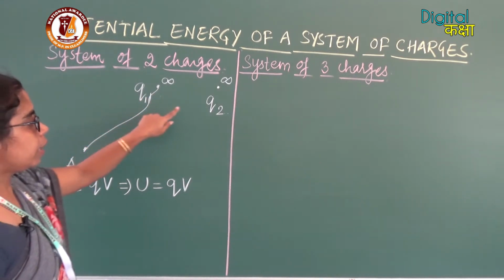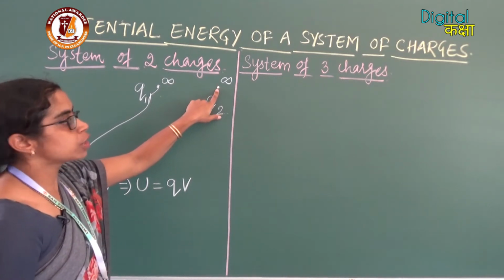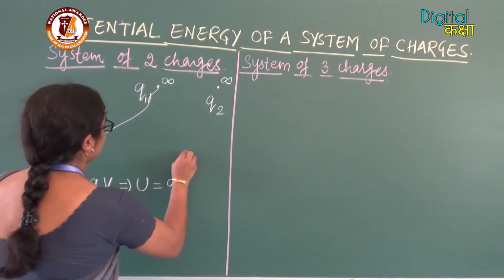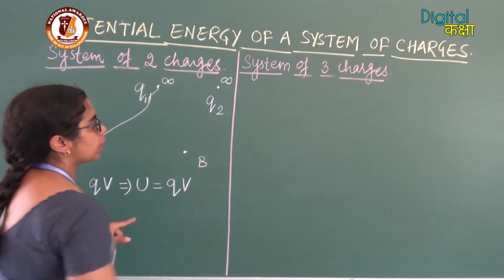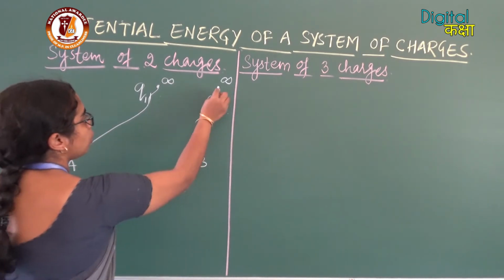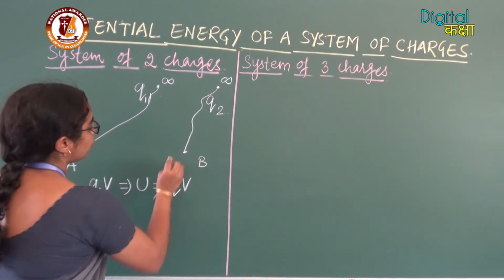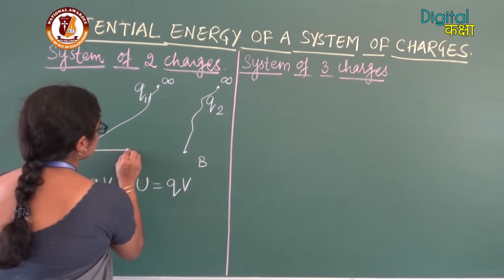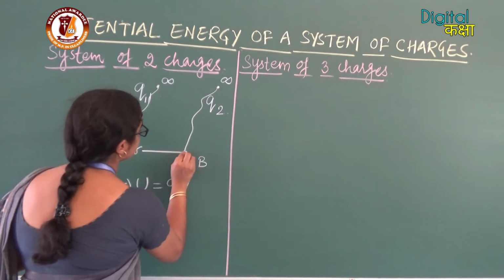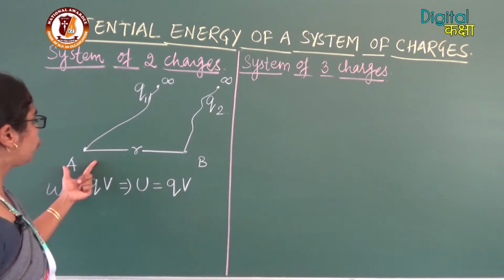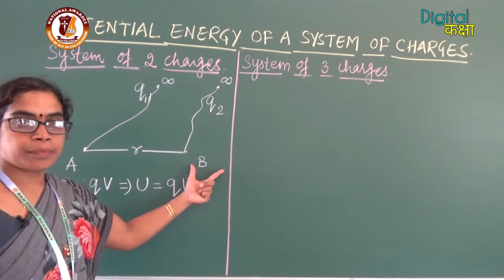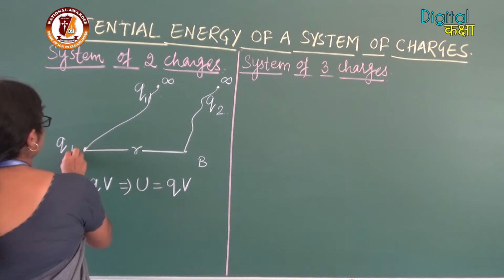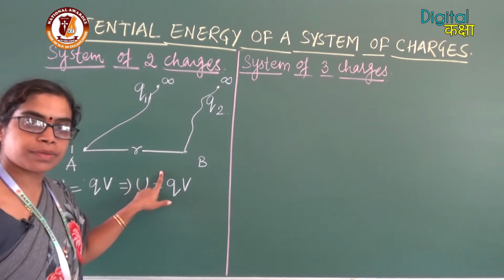Next, when we have to bring the charge Q2 from infinity to a certain point, let us take that point to be B. In order to bring this charge Q2 to point B, the point B is at a finite distance r from point A, where the Q1 charge is already placed.